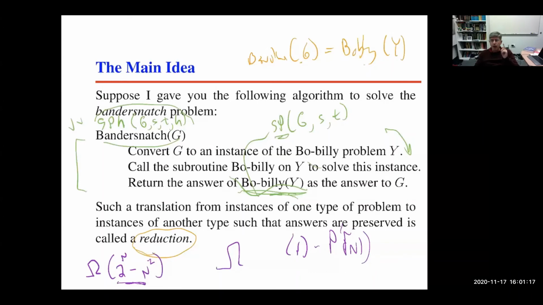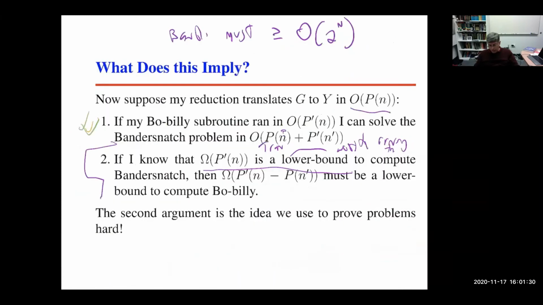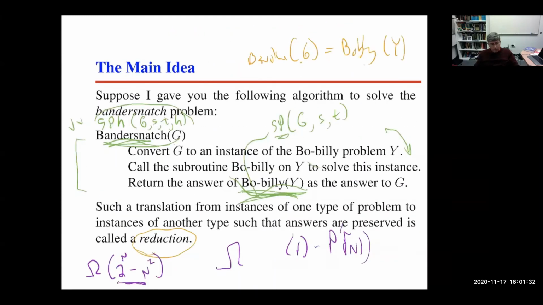This is what I mean by a reduction. If there is a fast Bobilly solver, then there is a fast Bandersnatch solver. That was the first case over here, right? But if there is no fast Bandersnatch algorithm possible, this is an argument that there can't be a fast algorithm for solving Bobilly.